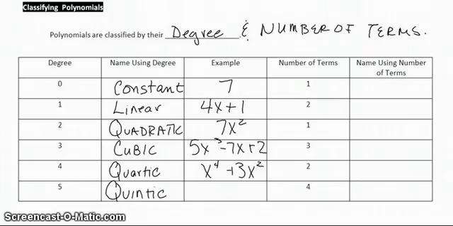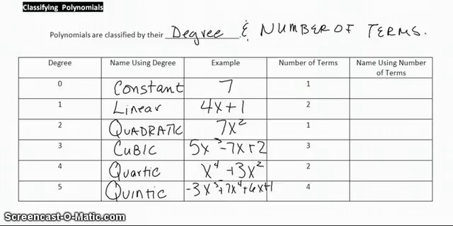And an example could be negative 3x to the 5th plus 7x to the 4th plus 6x plus 1. So just using the degree, we can name them: constant, linear, quadratic, cubic, quartic, and quintic, going up.